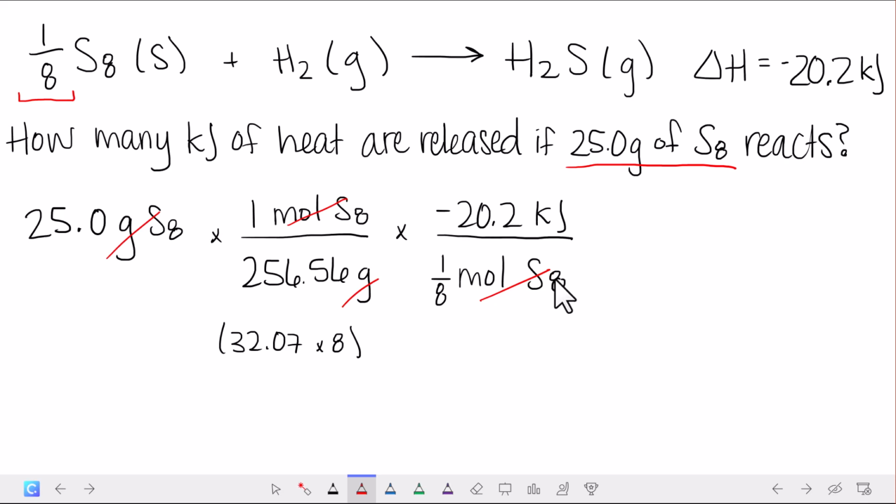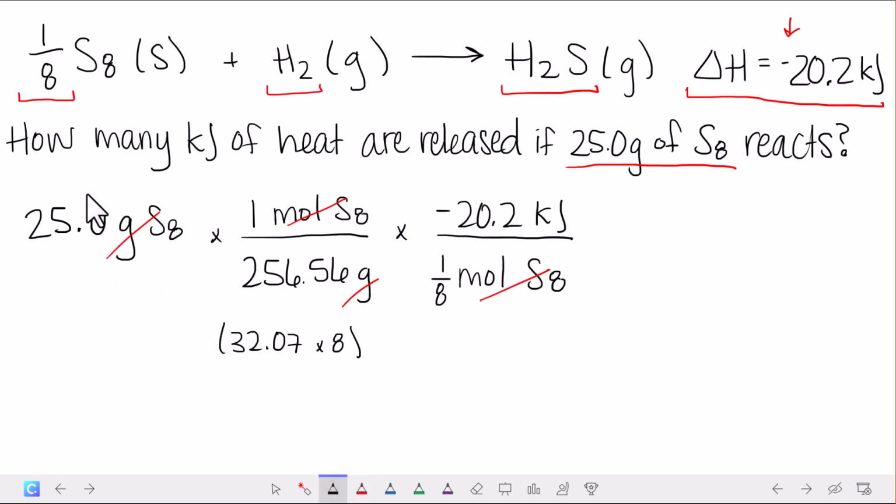We always have to have this thermochemical equivalence, because this tells me the change in enthalpy for these respective amounts of each substance. If I have different amounts of any of these substances, then my change in enthalpy needs to be adjusted accordingly. That's exactly what we're doing here with this conversion process.